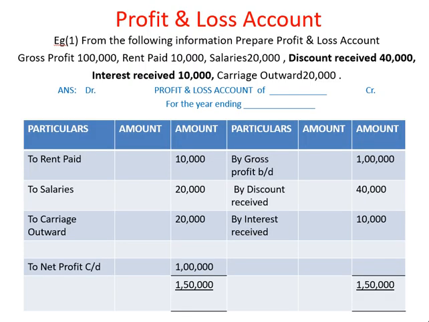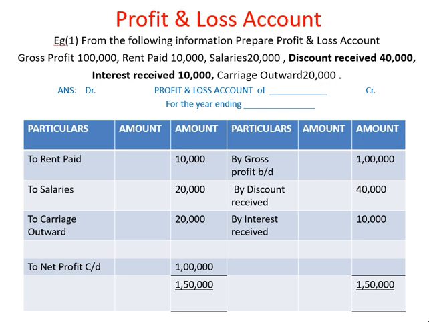First problem: gross profit is 1 lakh, rent paid is 10,000, salary 20,000, discount received 40,000, interest received 10,000, carriage outwards 20,000. Take the printout of the P&L pro forma, keep it aside and try to identify each item. Gross profit falls on the credit side: by gross profit brought down 1 lakh rupees.